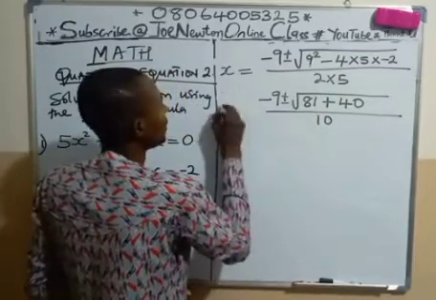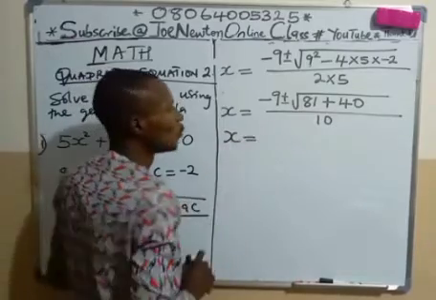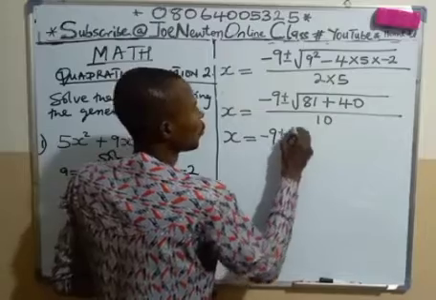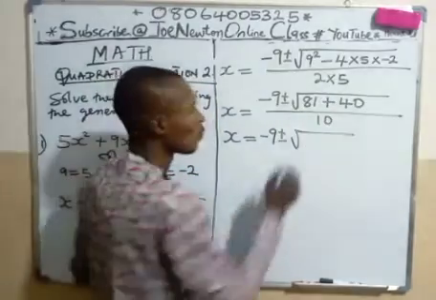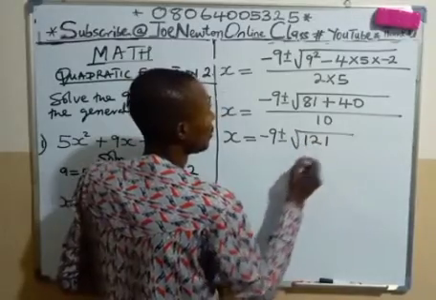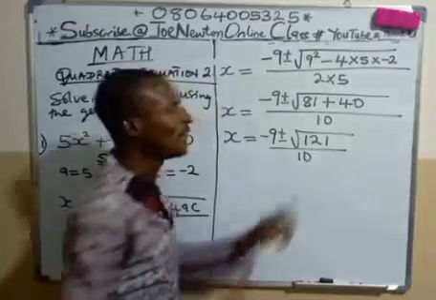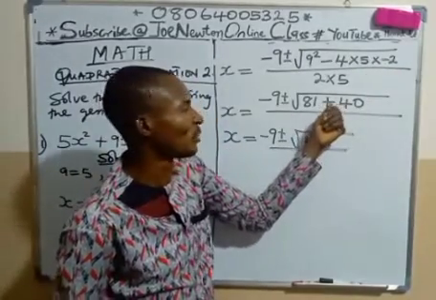Then we proceed. We still have that x is equal to minus 9 plus or minus square root of 81 plus 40 gives us 121, all over 10. If we didn't have a minus here, it should have landed us a minus in this place.